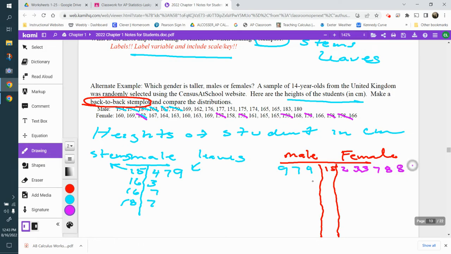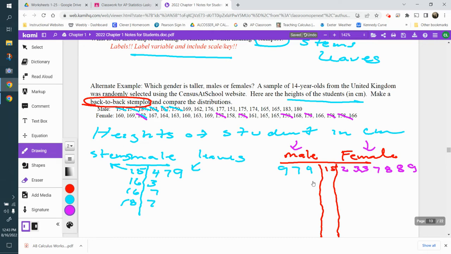There we go. So now you can compare that there are more females right now in the 150 centimeter category compared to the males in the 150 centimeter category. So stem plots are just a way to organize your data. This one is back to back because I have the males on one side and the females on the other side.